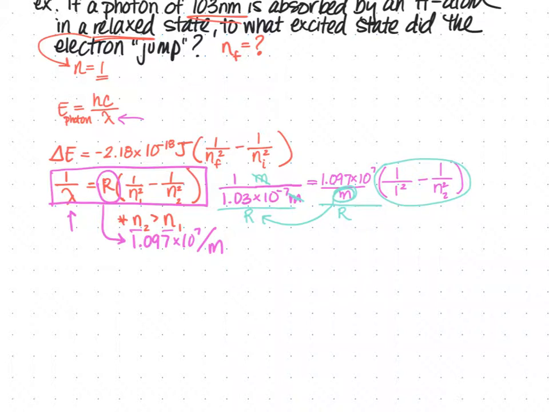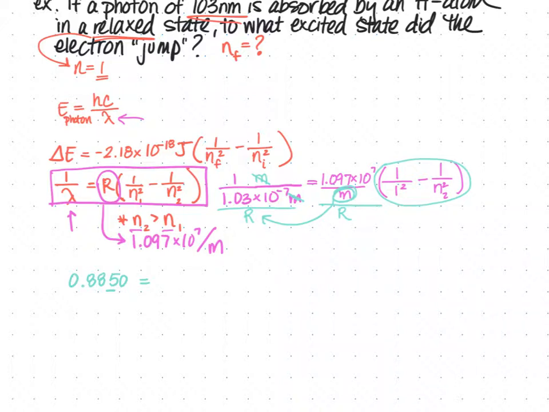So if I divide 1 over the wavelength by r, I should get a value of 0.8850. I think we want 3 sig figs, and that is without a unit.